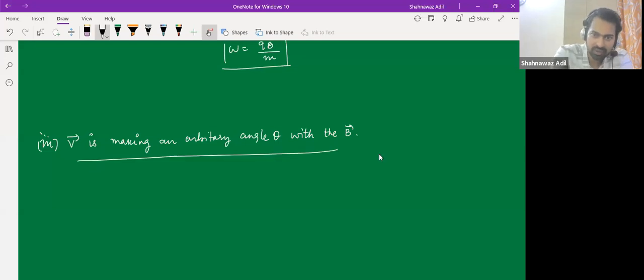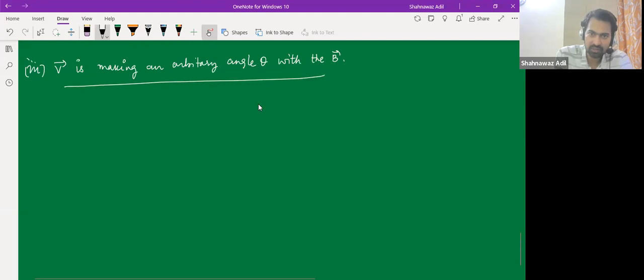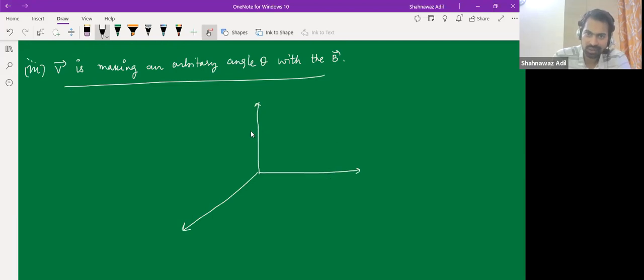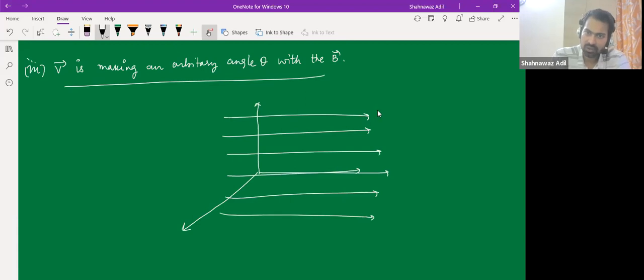So we have the third case. We have this magnetic field, and the magnetic field is in x direction. So this is the magnetic field, right?